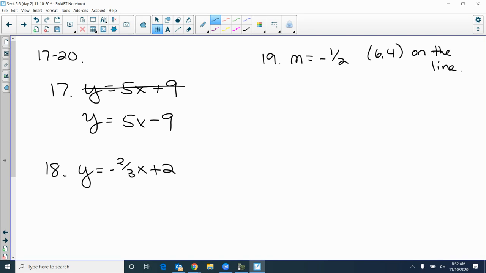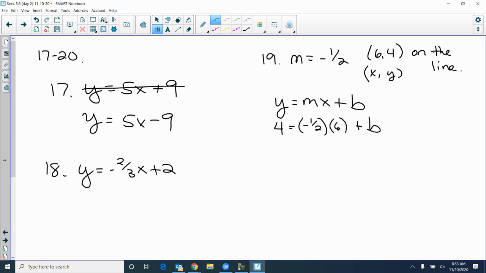Okay, Grant. 6 was the x, 4 was the y. So that's x and y. What do we start with? It'd be y equals mx plus b. And then it'd be 4 equals -1/2 times 6. Okay, now stop right there.